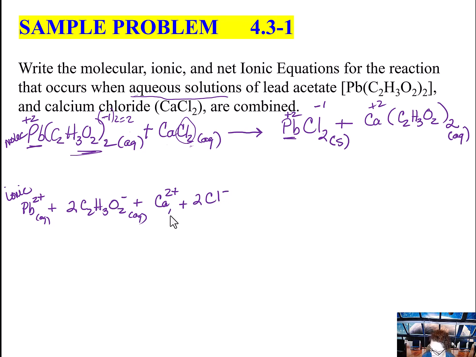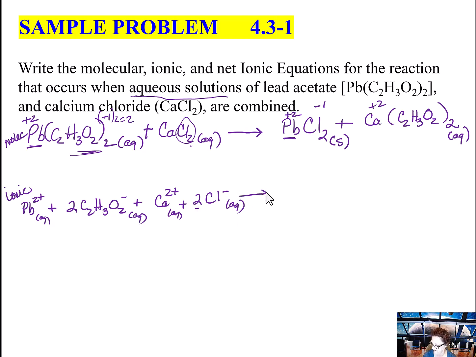Remember, I have to do 2 Cl- instead of Cl2, because Cl2 is a molecule. It is not an ion. So you have to make sure that you write them that way, that I say that there are 2 chlorides.